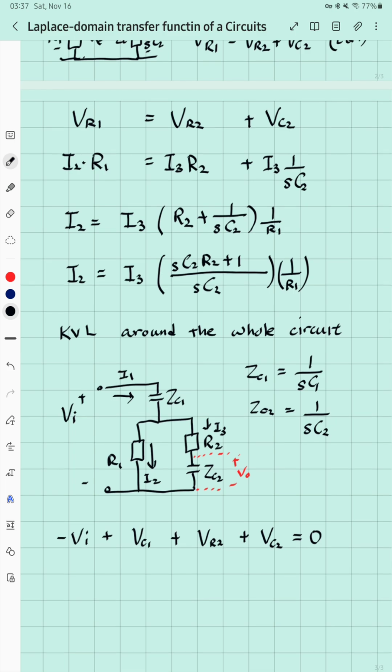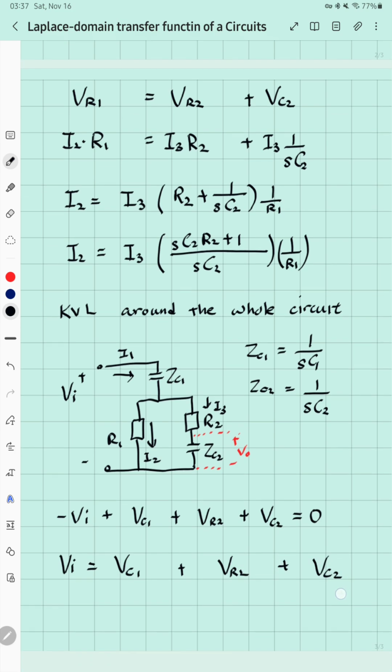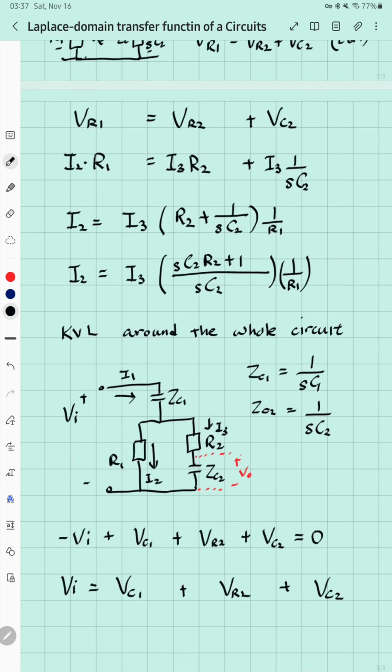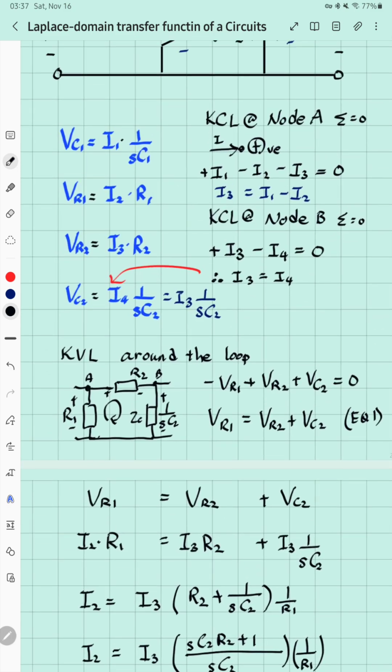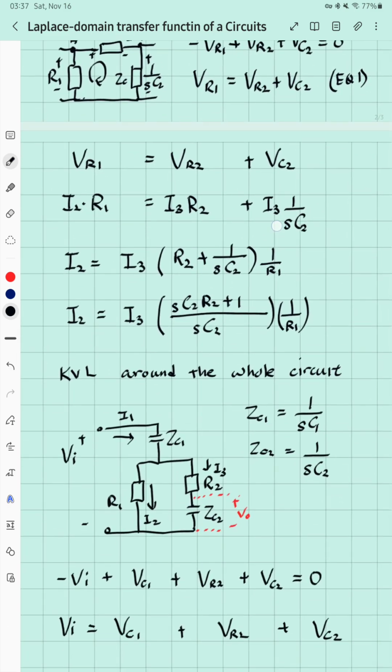Let's rewrite it: VI equals VC1 plus R2 plus VC2. Then you plug in what VC1 was from earlier: VC1 was 1 over SC1.